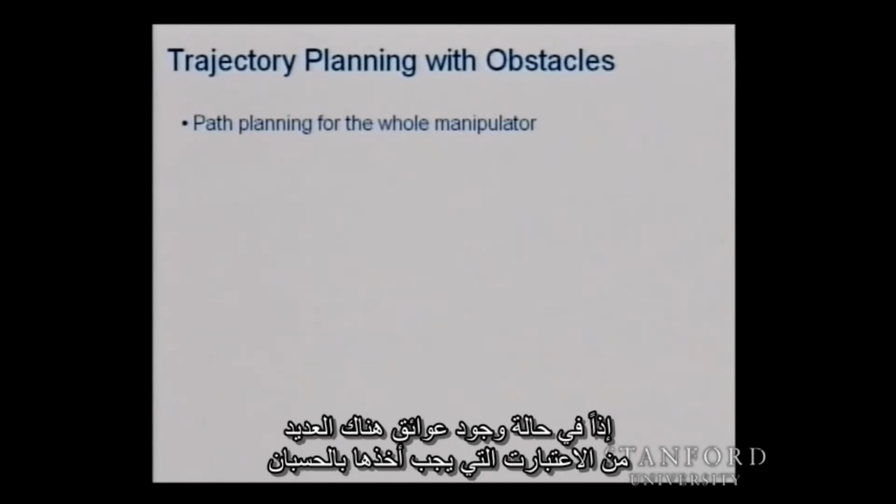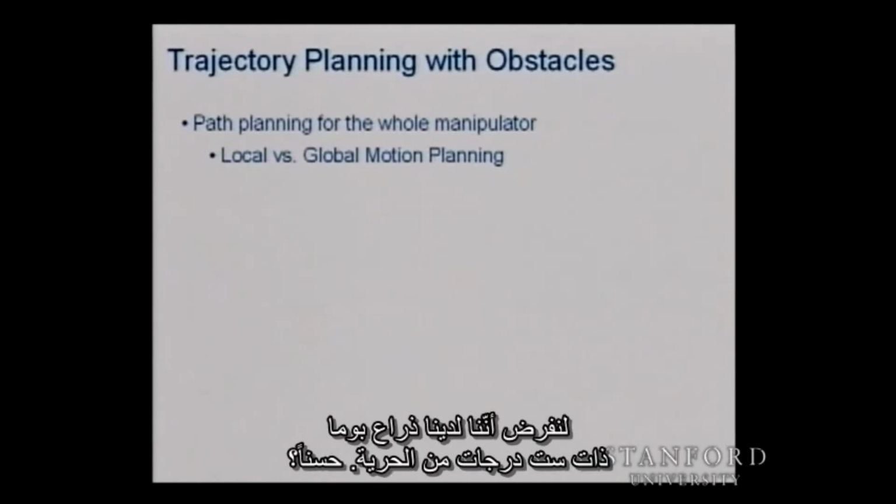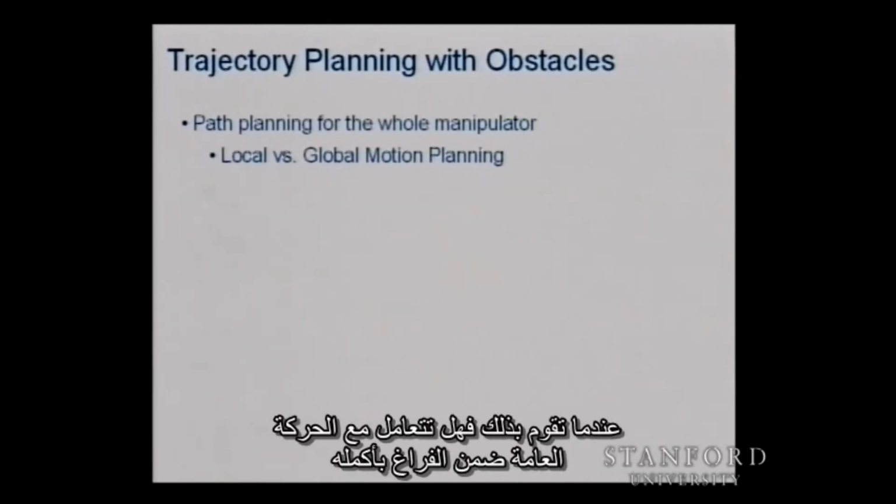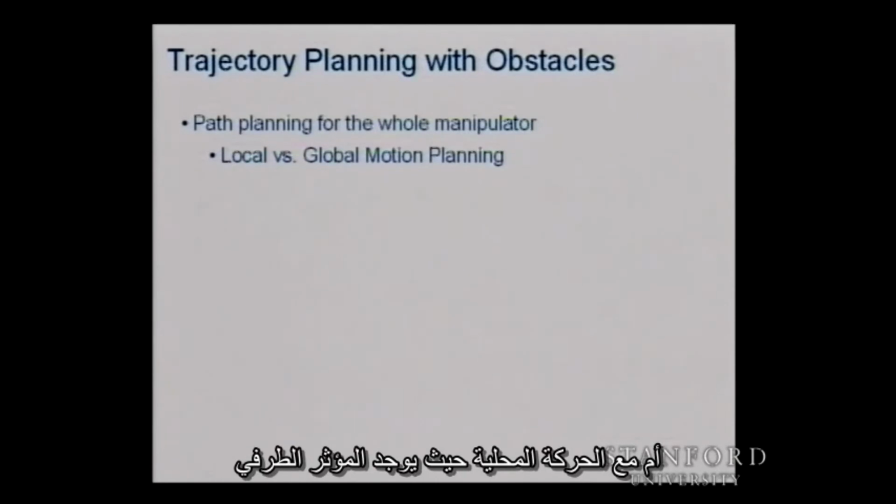So in that case, there are several considerations that we need to keep in mind. Let's say we have a 6 degrees of freedom Puma arm, right? So the question then is, do you plan a path for the whole manipulator? When you're doing that, are you dealing with the global motion in the space or the local motion where just the end effector is?